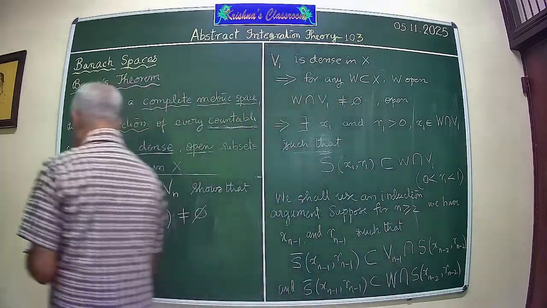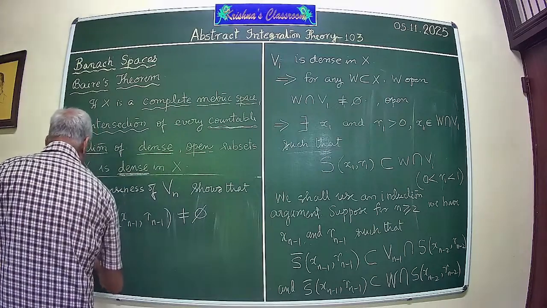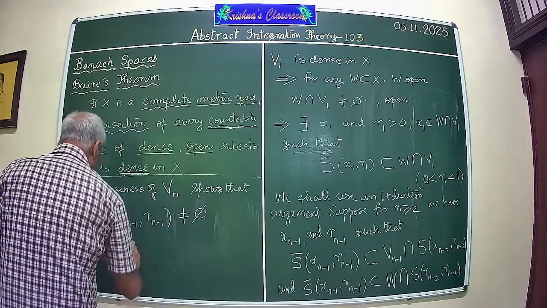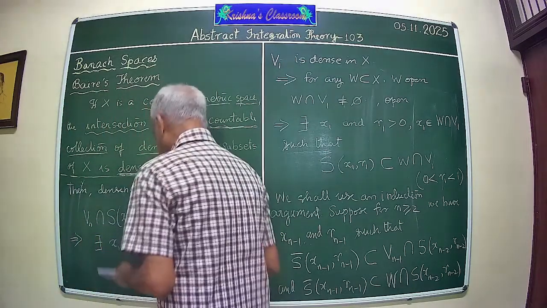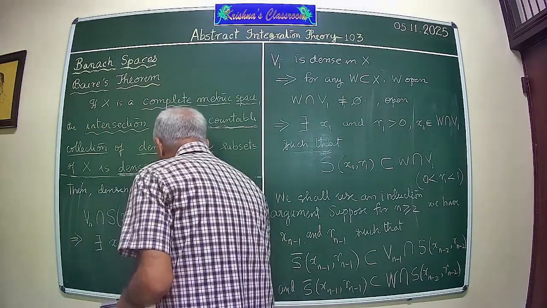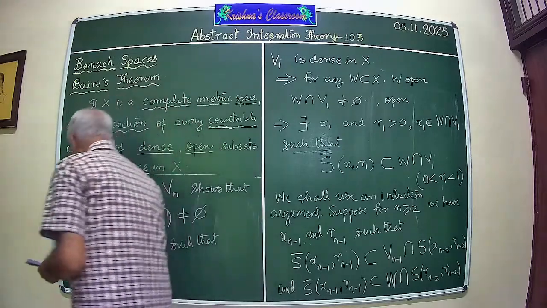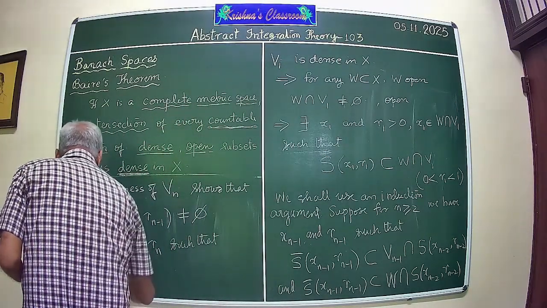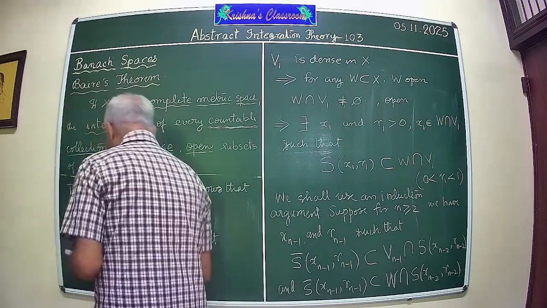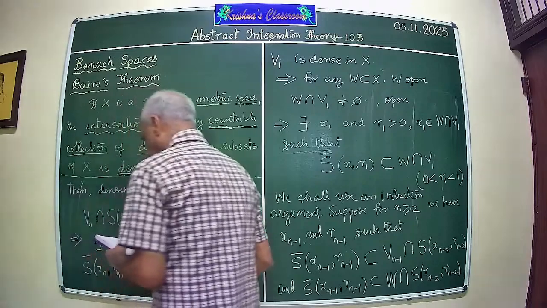Which implies there exists xn and rn such that S bar(xn, rn) is contained in Vn intersection S(x(n-1), r(n-1)).